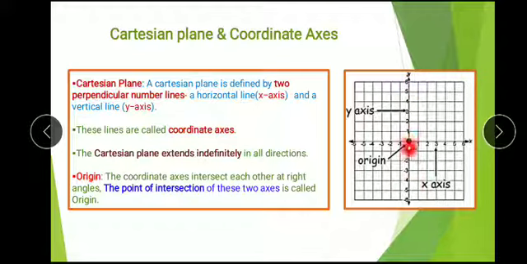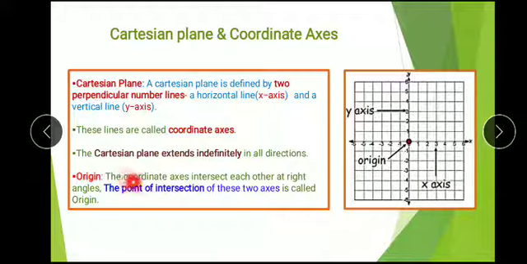So both these lines together, the vertical axis and the horizontal axis, are called coordinate axes. The Cartesian plane extends indefinitely in all directions. So we can extend these two axes as much as we want, we can make them long. So this one we can extend in both the directions.